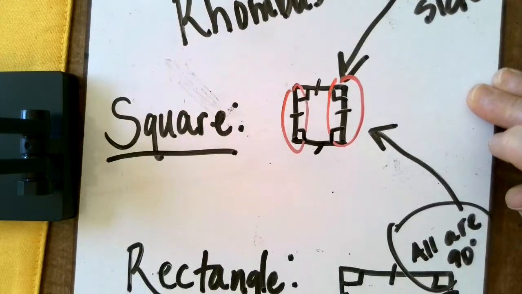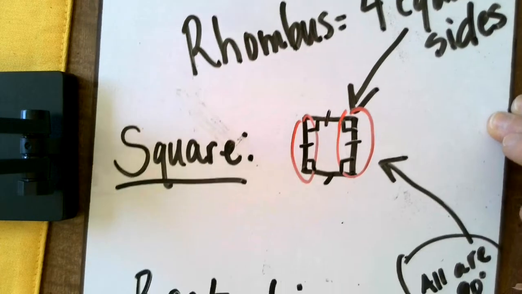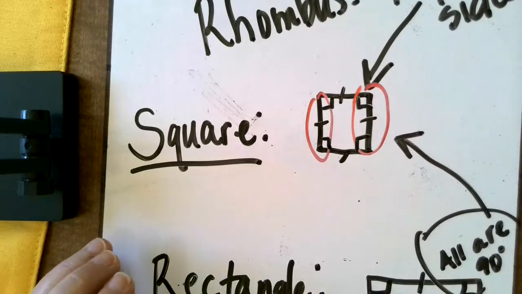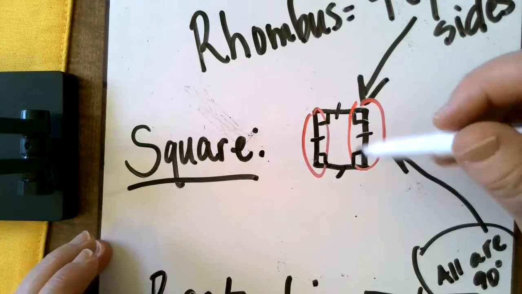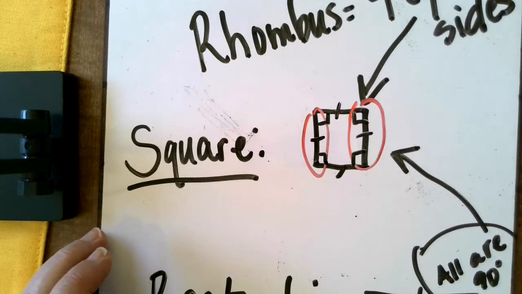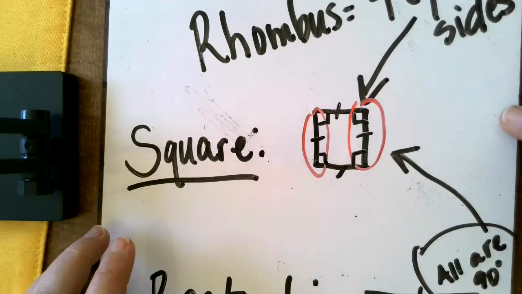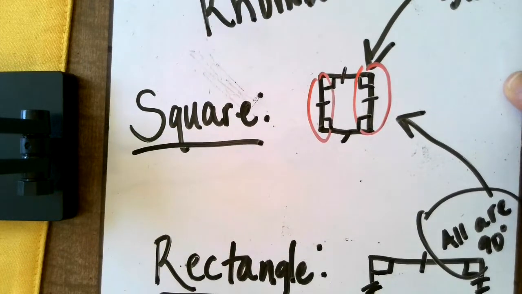And then the last one I think of as kind of being in its own group when it comes to quadrilaterals. Everything so far has had two sets of parallel sides. The rhombus has two sets of parallel sides. The square does. The rectangle does. A parallelogram, anything is a parallelogram as long as it has two sets of parallel sides.